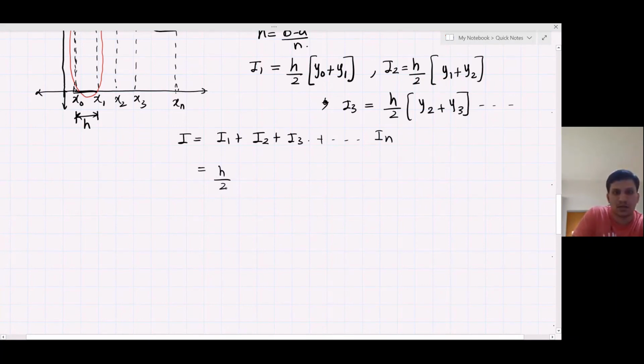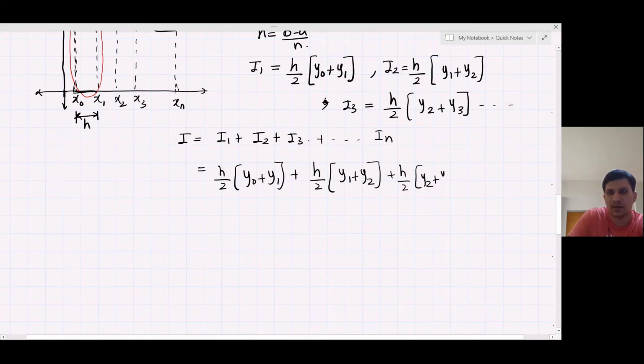First is h by 2 (y naught plus y1), plus h by 2 (y1 plus y2), plus h by 2 (y2 plus y3), and so on, up to h by 2 (y of n minus 1 plus yn). In that formula h by 2 is common, so first take h by 2 common.